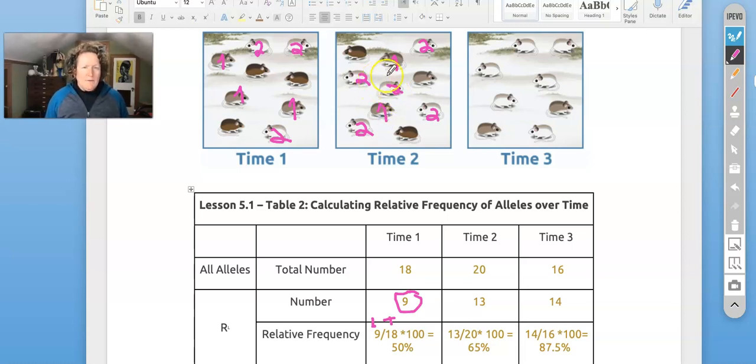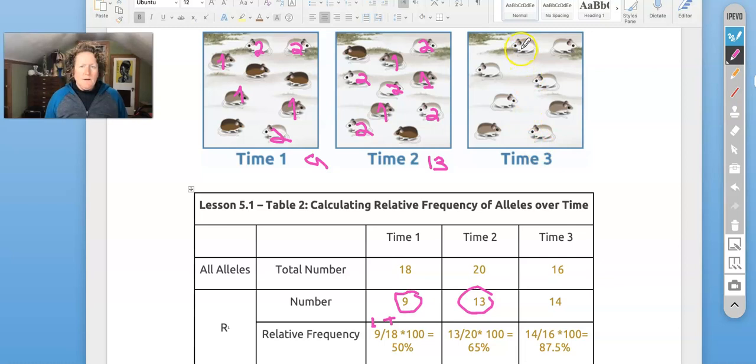Now if we add up everything here, we have 1, 2, 3, 4, 5 twos, that's 10, 11, 12. Oh, 13. So we have 13 total light alleles here.